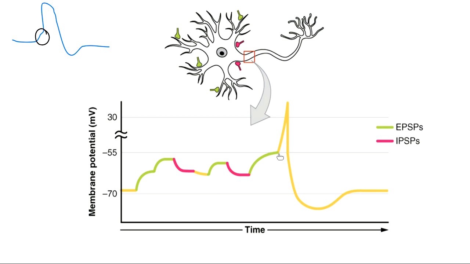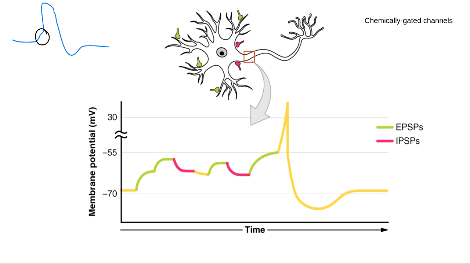Now, in neurons, we have two kinds of channels that we care about. One kind of channel is chemically gated channels. The other kind of channel that we care about in neurons is voltage gated channels.